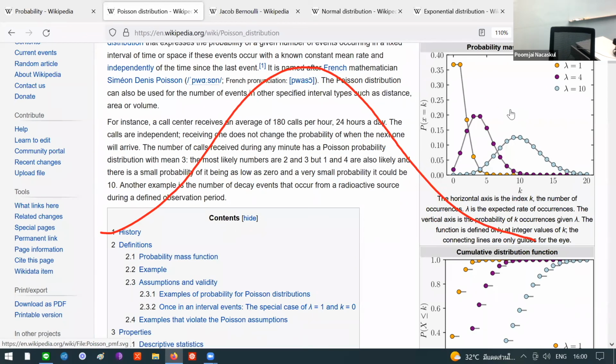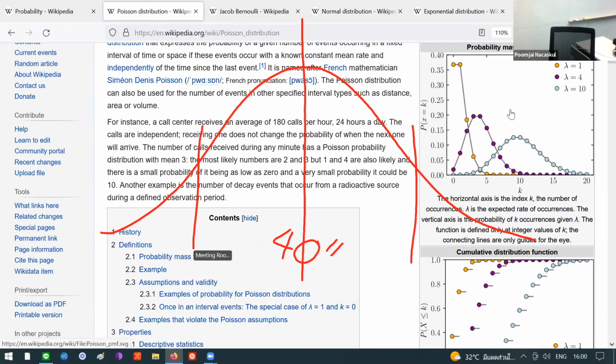Most of the guys have a 40-inch waist. And about 68% of them fall within, say, 30-inch and 50-inch waist.